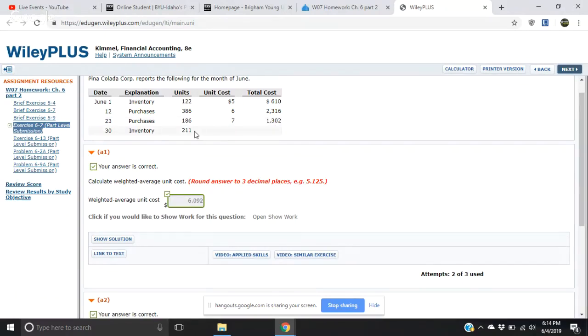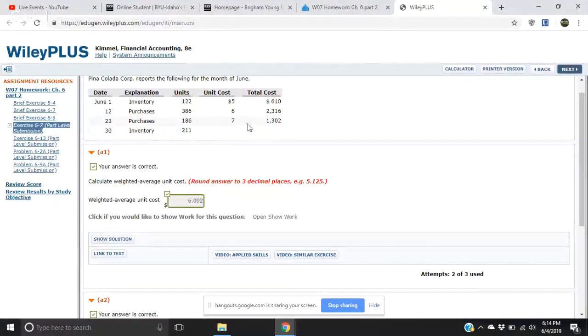Now to get to 211, we will need to figure out the difference between 211 and 186. And 211 minus 186, we get 25. And we multiply 25 by the unit cost for June 12th. And 25 times 6, we get 150.